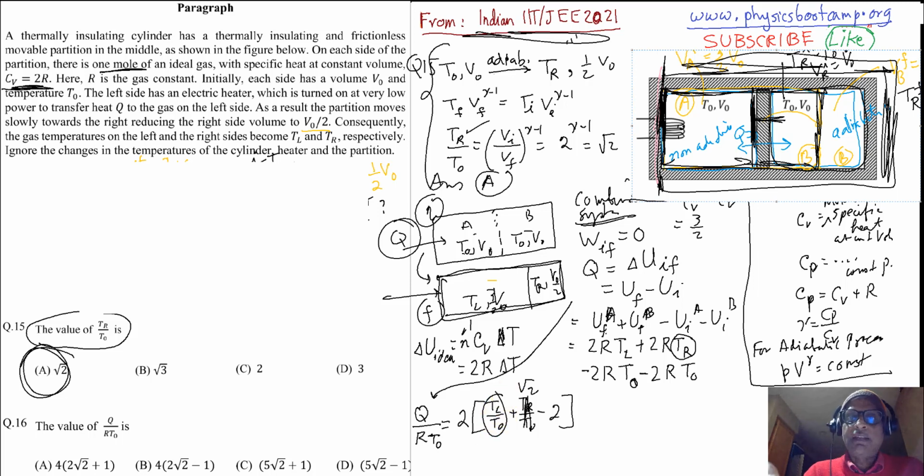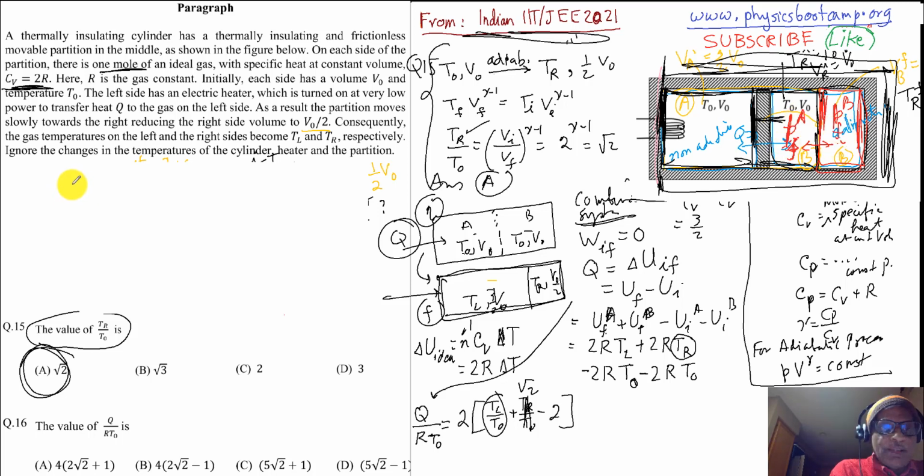So I'm going to look at when you get this final system here. So you have a P final on the B side and P initial on the A side. So I'm heating slowly, so as we can see, the final P of these guys have to be equal to each other.